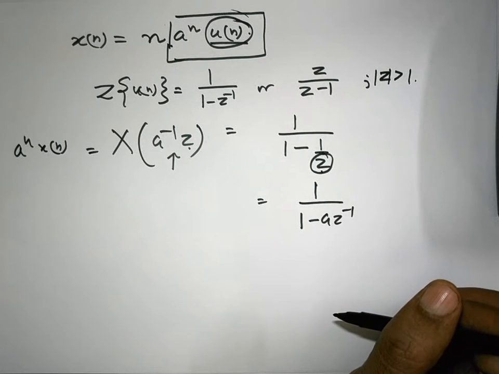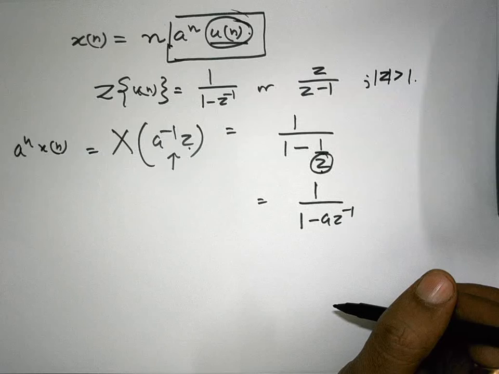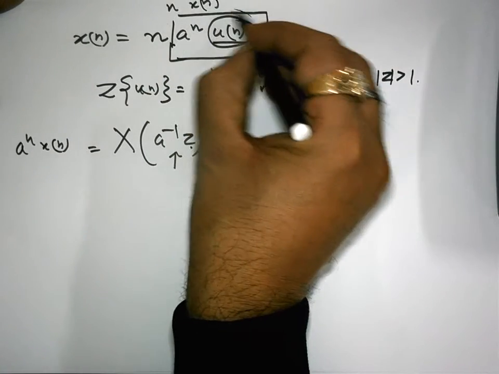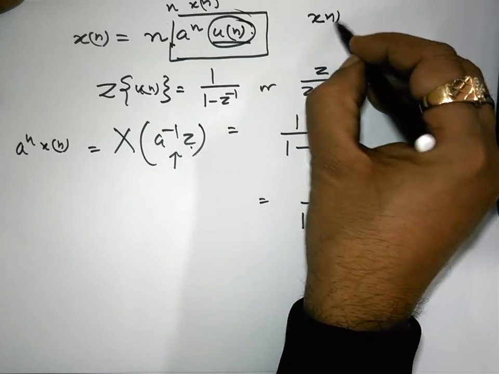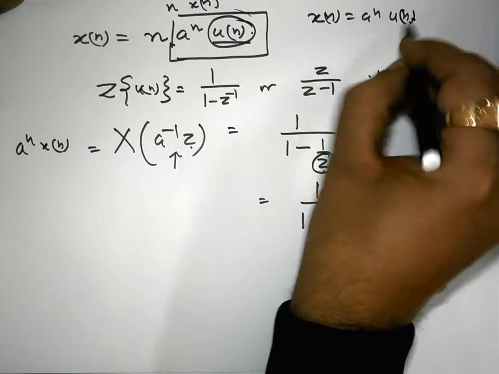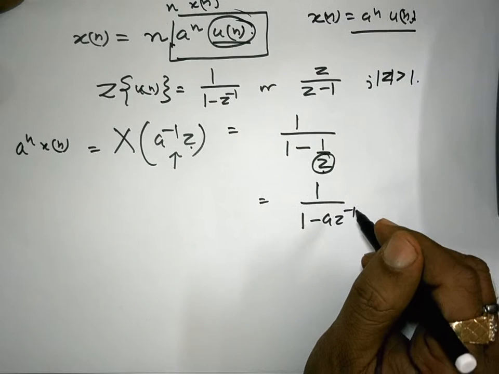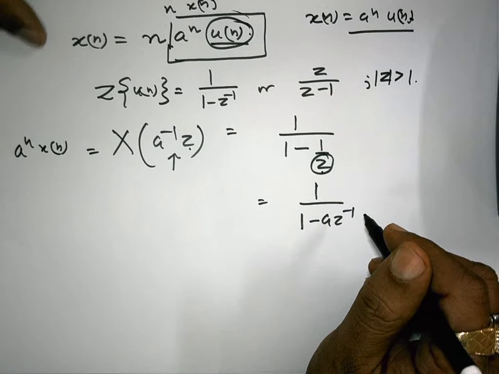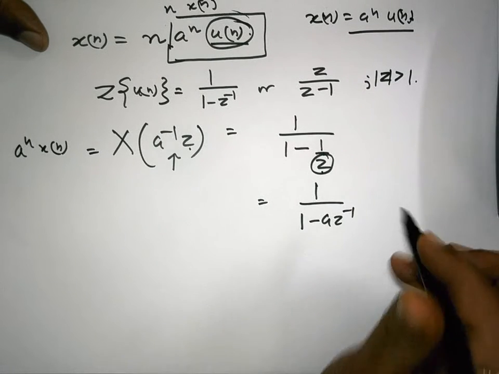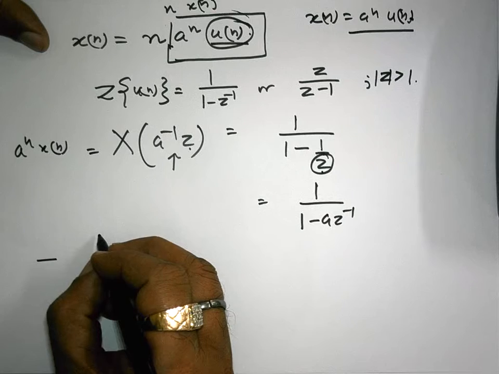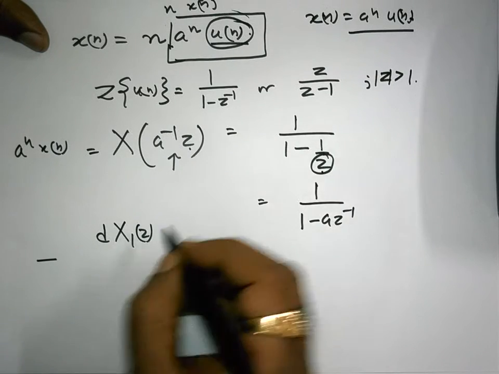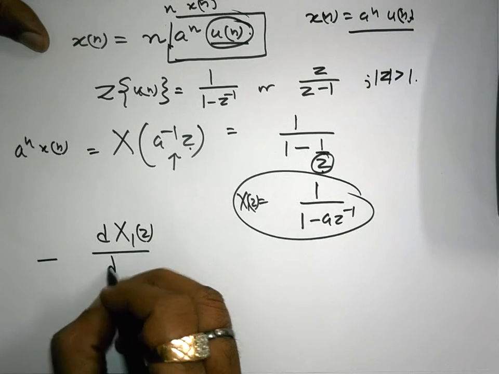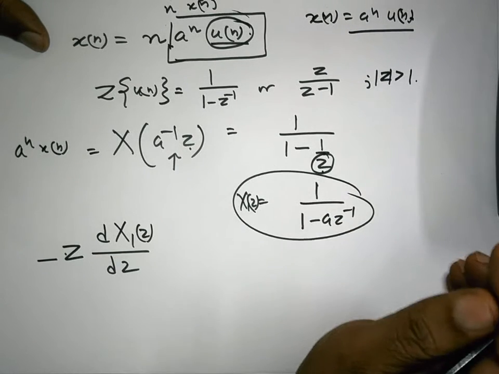Now we have to evaluate the Z transform of n a^n u[n]. Now you can assume this signal to be n x[n], with x[n] equal to a^n u[n]. So to evaluate the Z transform of n a^n u[n], you have to evaluate the differentiation of, say, X1(z), dX1(z) by dz, and then multiply it by minus z.